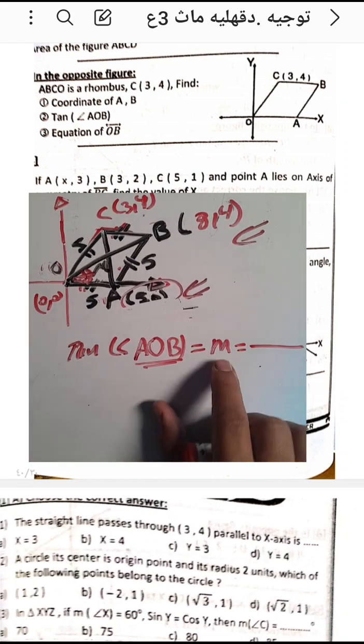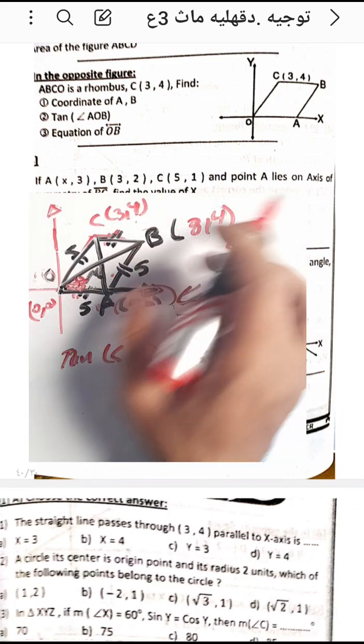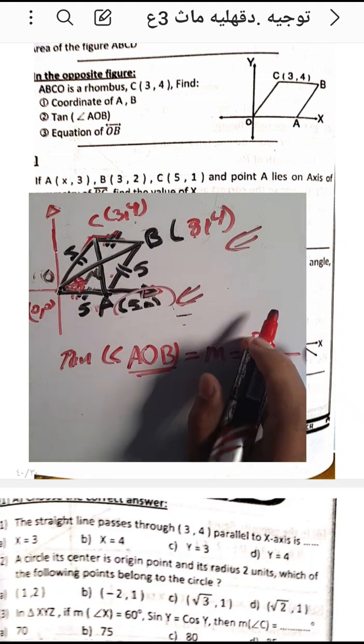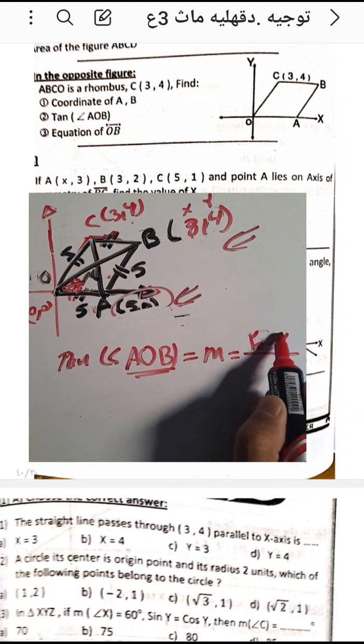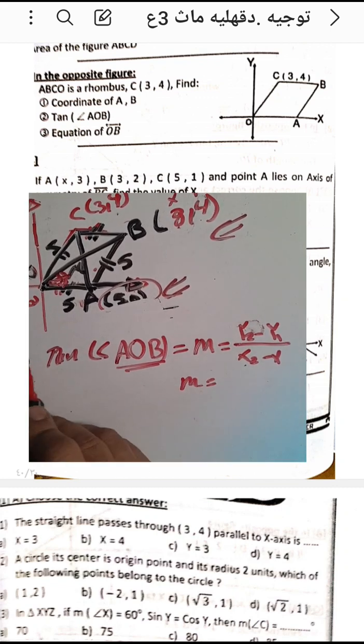The slope equals y2 minus y1 over x2 minus x1. For B we write 8 and 4 because we have x and y. About question number 2, you want to find tan of the angle.